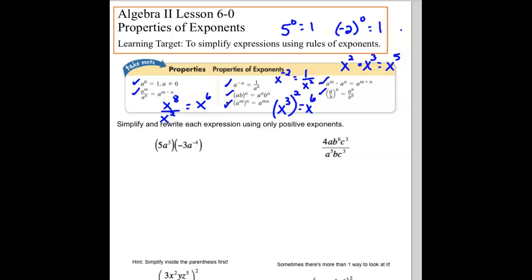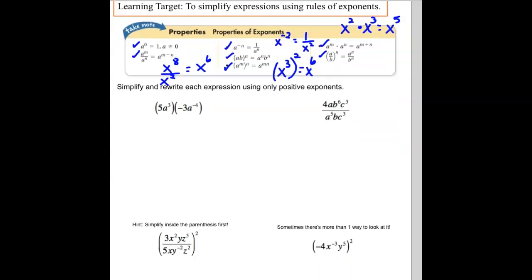All right, now the issue when we are using these rules is that often we have to combine several rules into one question. Also notice that those are properties of exponents, so they only apply to the powers, the base to a power. They do not apply to your coefficients, those front numbers. Directions here say to simplify and rewrite each expression using only positive exponents.